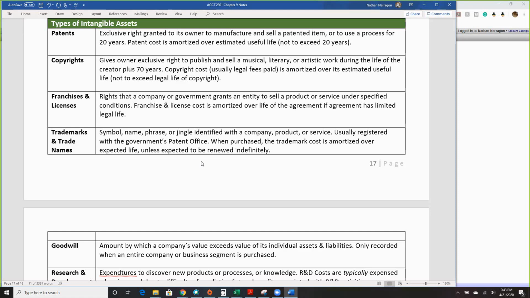Basically, somebody bought the franchise. And again, these are ones that we typically would amortize over the life of the agreement, if the agreement has a limited legal life. Sometimes you can work a deal out where you'll never lose the franchise. You get to keep it forever. So if it's one of those, then we cannot amortize and it just stays on the books as a franchise.